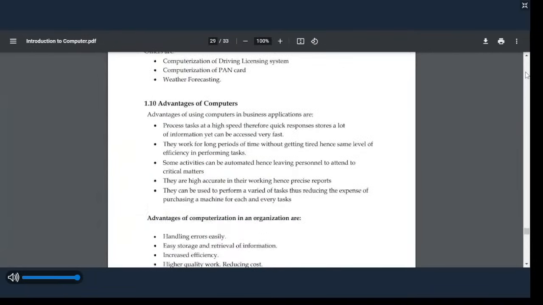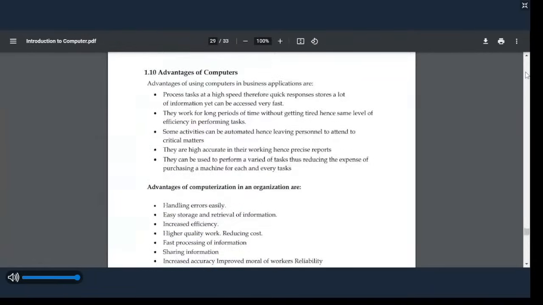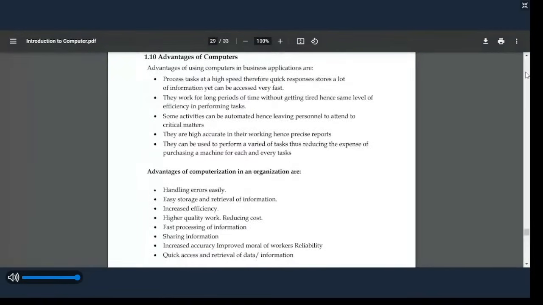So the advantages in an organization: handling errors easily, easy storage and retrieval of information, increased efficiency, high quality work, reducing the cost, fast processing of information, sharing information, increased accuracy, improved morale of workers, and reliability. Then quick access and retrieval of data and information.